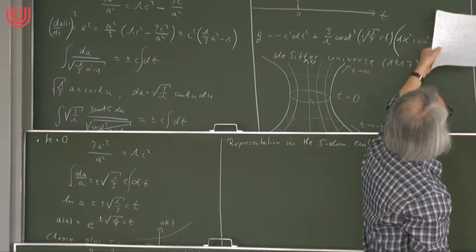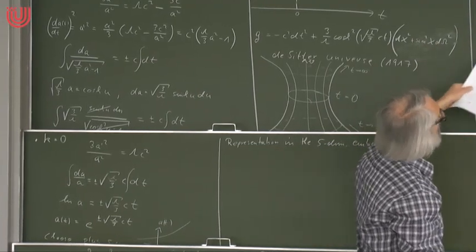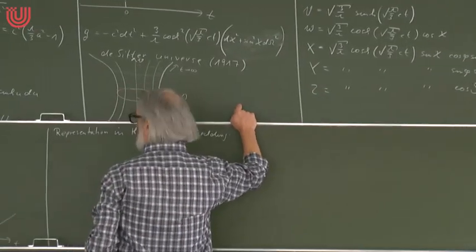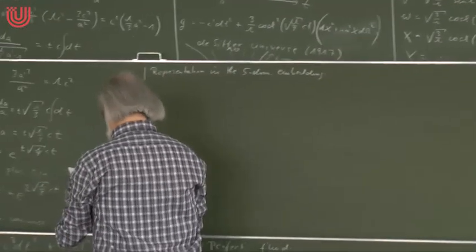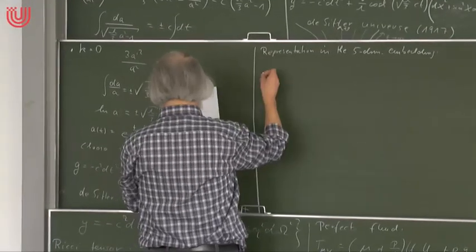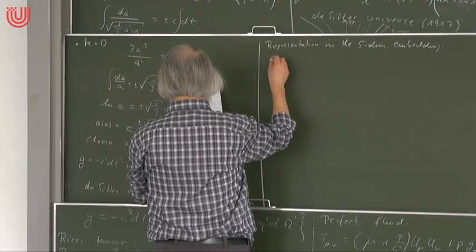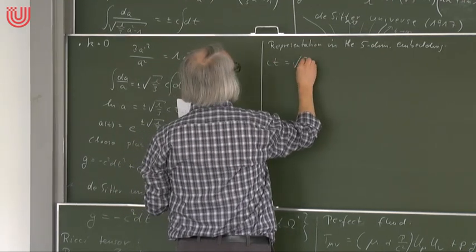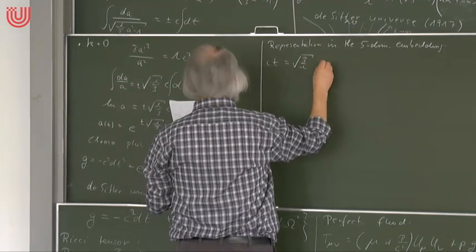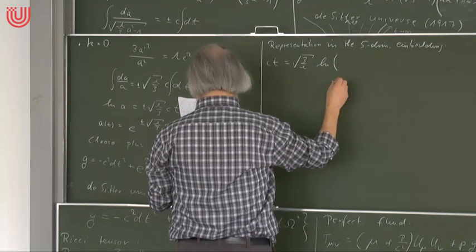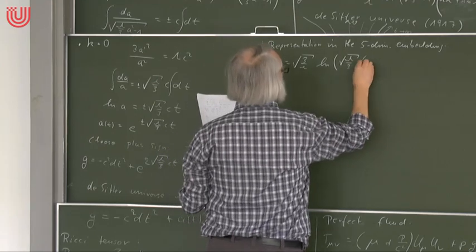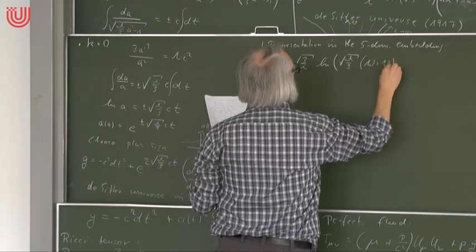The relation between the coordinates in the embedding space and the coordinates on the manifold. And the same I do now for this representation. And it is like that. It is ct, or ct rather, is root 3 over lambda, the log of root lambda over 3 times w plus v.